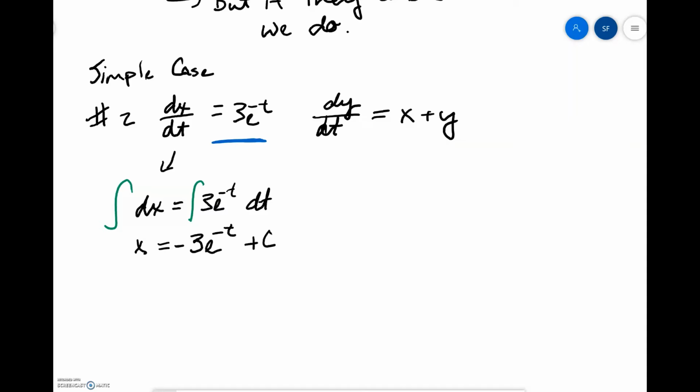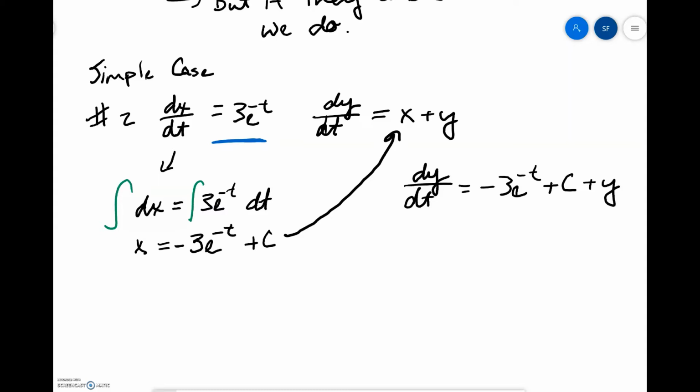Now we can take that answer and plug it into our other differential equation. So now our dy/dt becomes negative 3e to the negative t plus c, plus y. And we can solve this one.